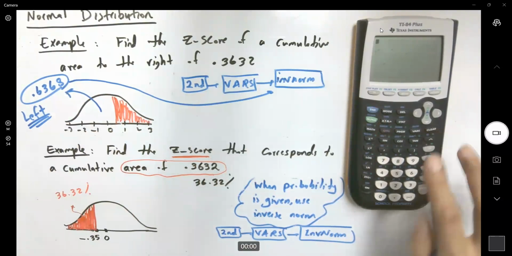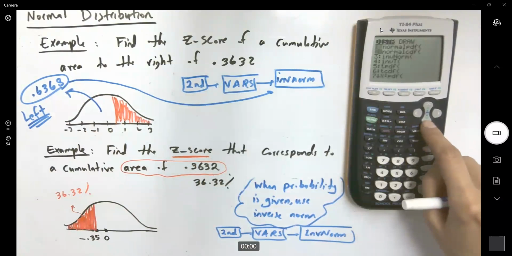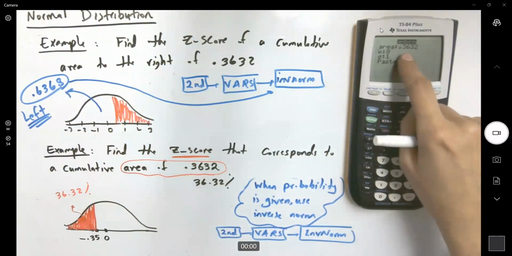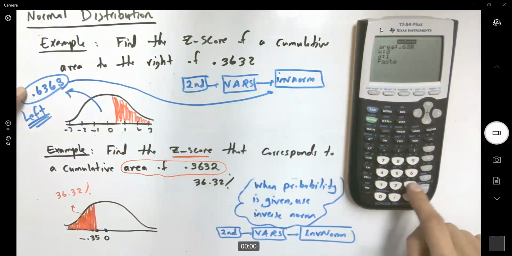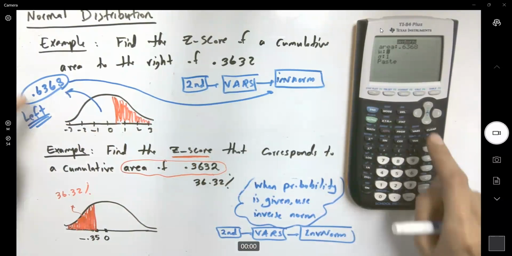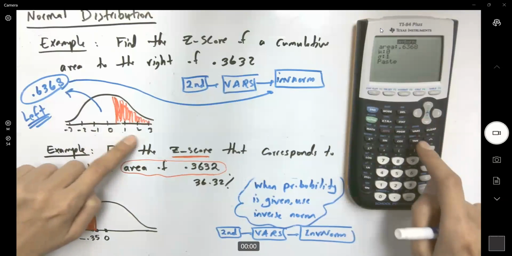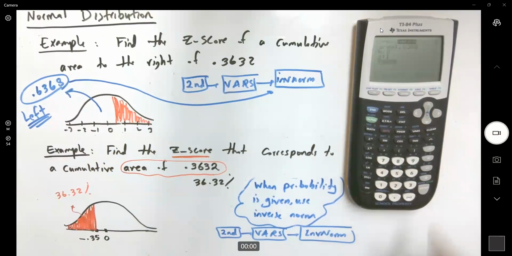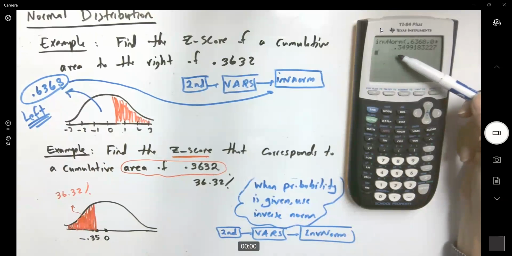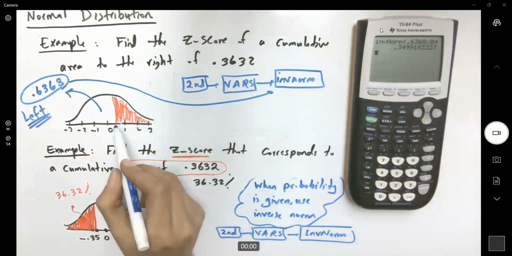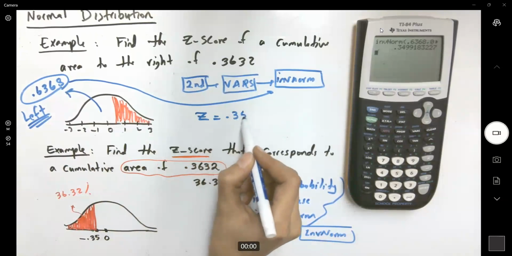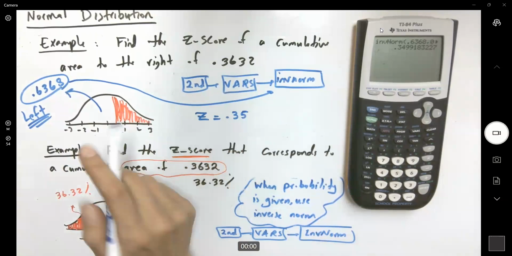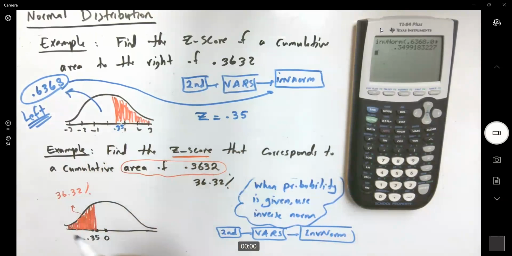So let us go to the calculator, second vars, go to inverse norm. The area to the left is 0.6368. The mean is 0. Standard deviation is 1 unit. So let us calculate. This calculation gives us 0.35. So Z is roughly 0.35.